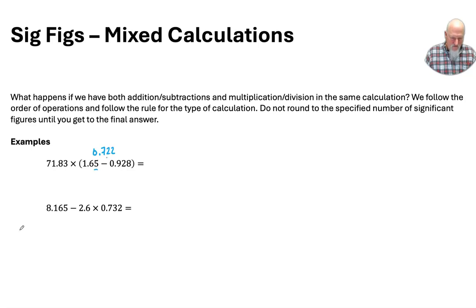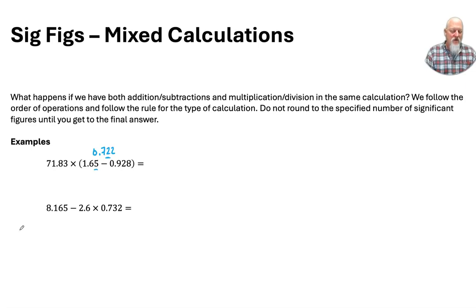So if I was going to put an answer right now, it should only have 2 decimals in it, following the rule of addition and subtraction. I'm not going to round that yet. I'm going to understand that my significant figure should end at 0.72, and that's it.